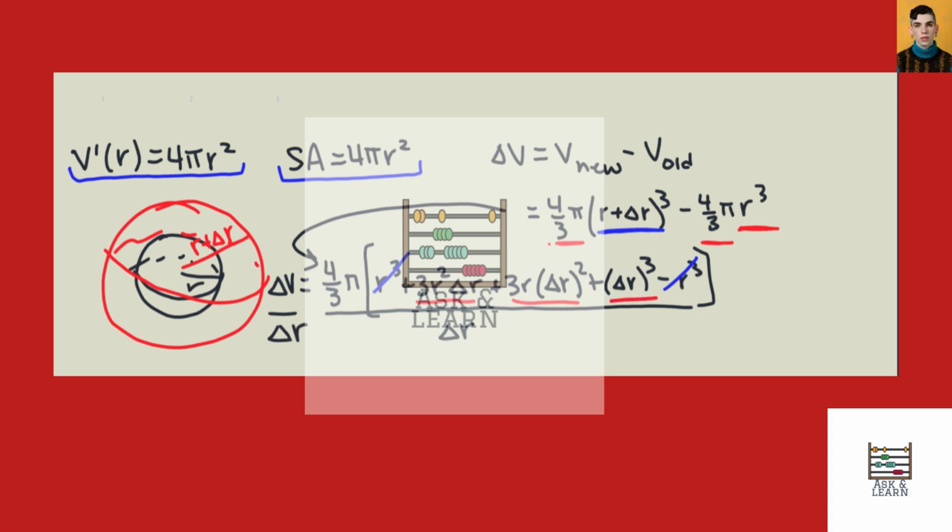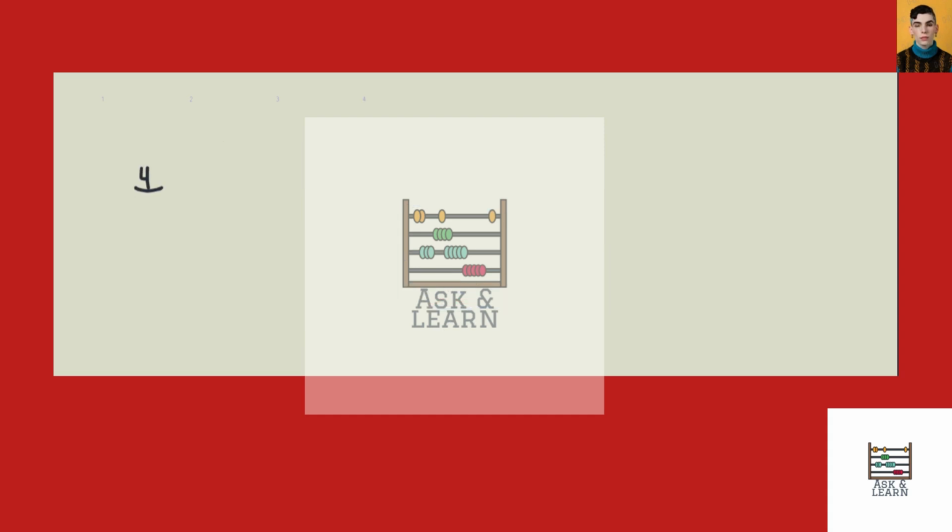So if we were to cancel those delta r's, what we would have left is 4/3 pi times 3r squared plus 3r delta r plus delta r squared. That is the change in volume over the change in radius.